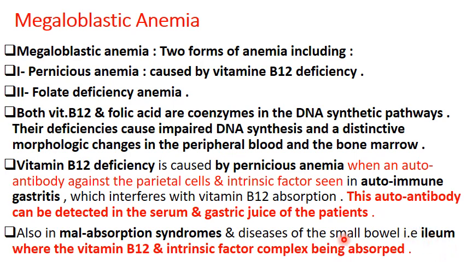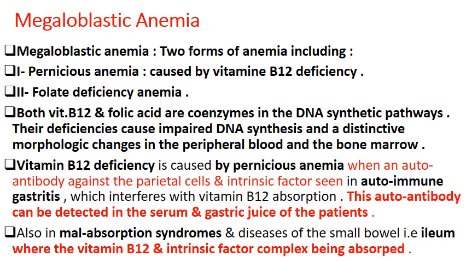So when there is any disease involving this part of the small bowel, it will affect the absorption of the vitamin B12 and intrinsic factor complex, and subsequently it will lead to the development of megaloblastic anemia.